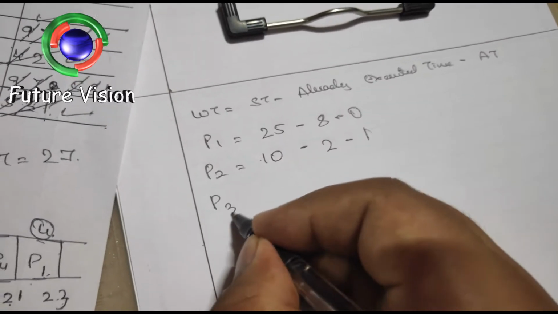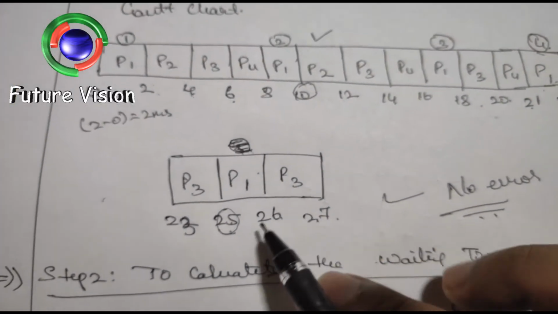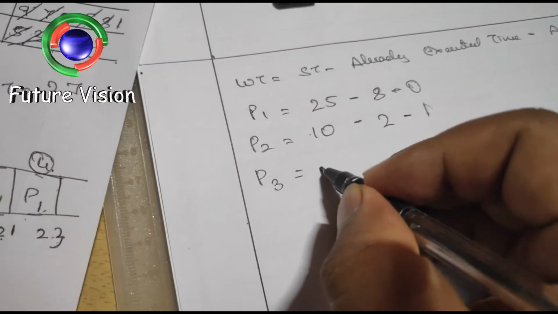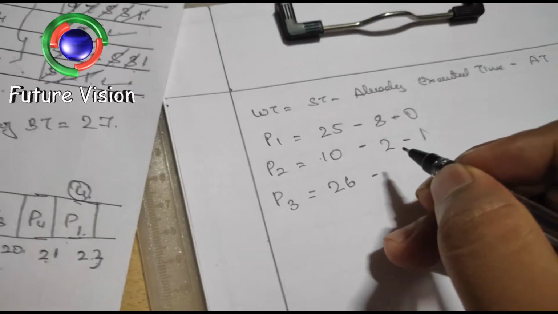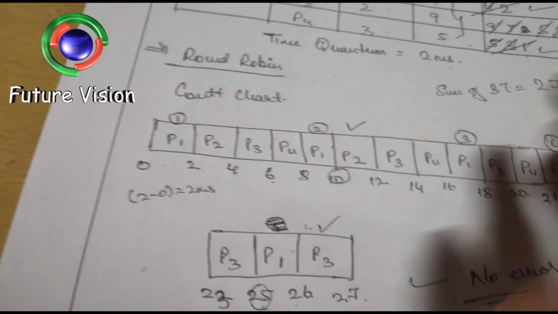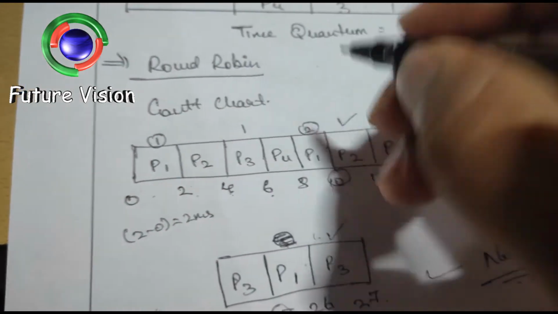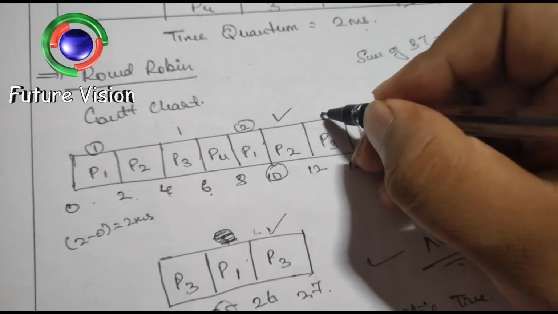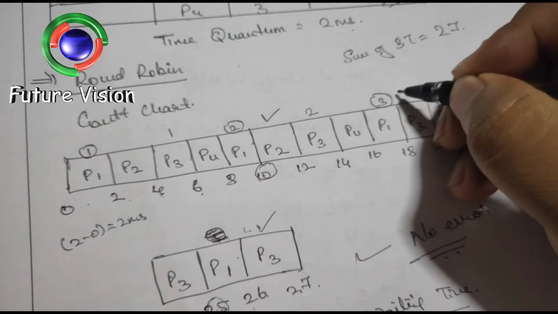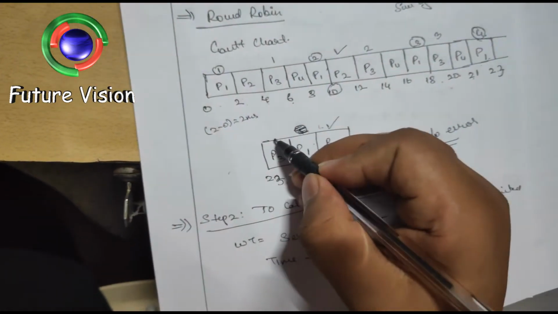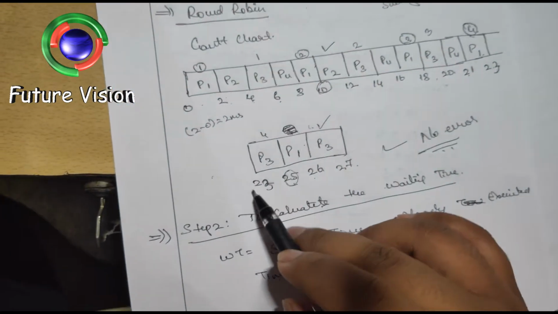Now P3. For process P3, the last executed process service time was 26, so I consider 26 here, minus the already executed time of P3. Now we will check. P3 was here 1, P3 2, P3 3, again 4, right?